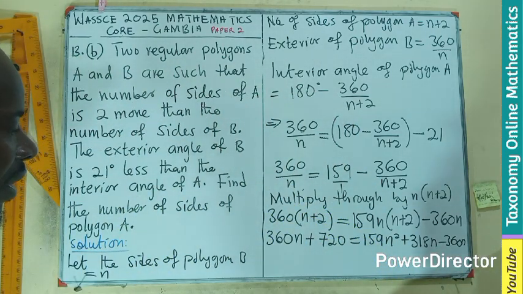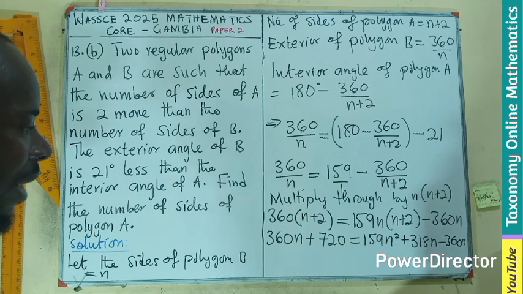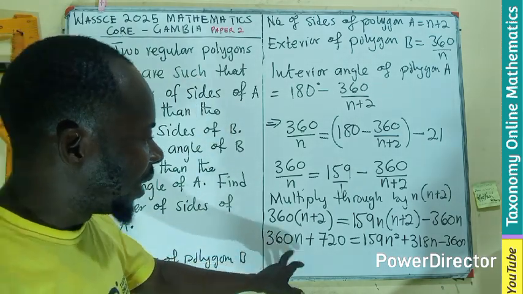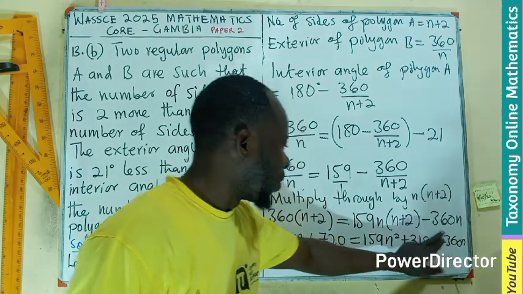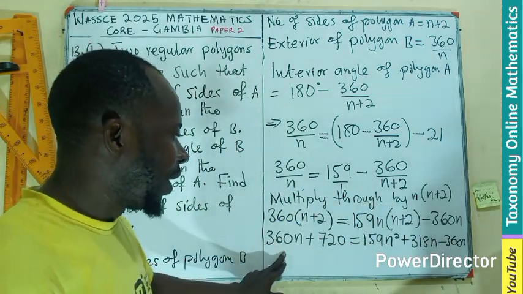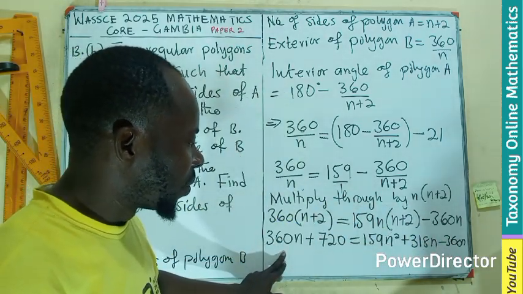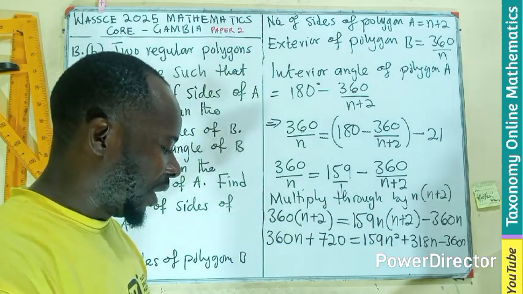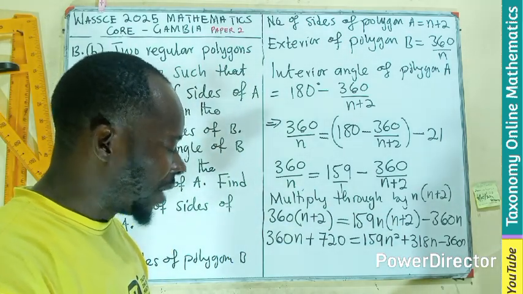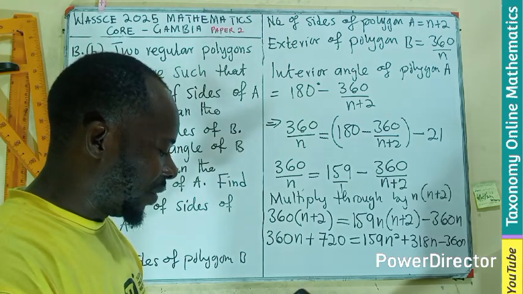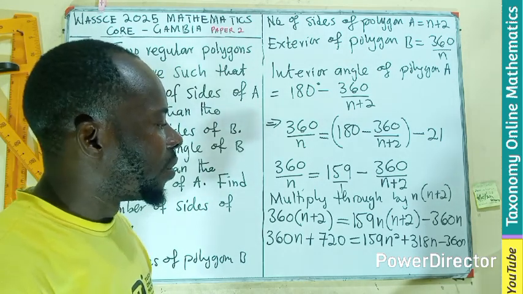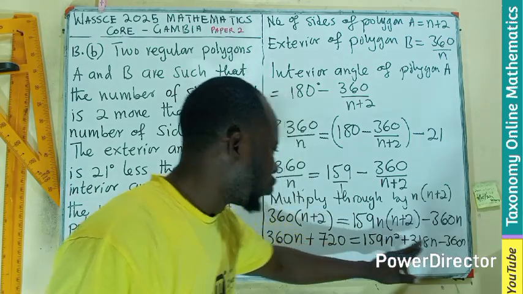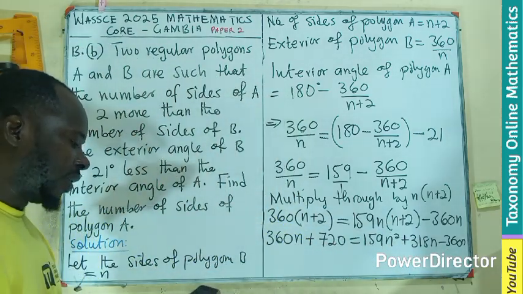What is next? We are going to do grouping of like terms. So this is 360n, 360n. When they come together, it will increase in terms of n. Okay, let's do the subtraction here and see. I have 318n minus 360n. That will give you minus 42n. So the minus 42n comes here and becomes positive.